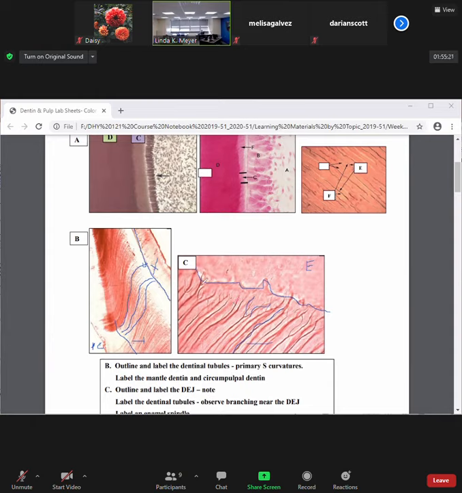Now, when the odontoblastic process crosses over the DEJ, so just picture like a little finger crossing on the enamel side, then we call those little projections the enamel spindle. It's just an odontoblastic process that crosses the DEJ a little bit and extends over onto the enamel side. So they're actually structures in enamel.